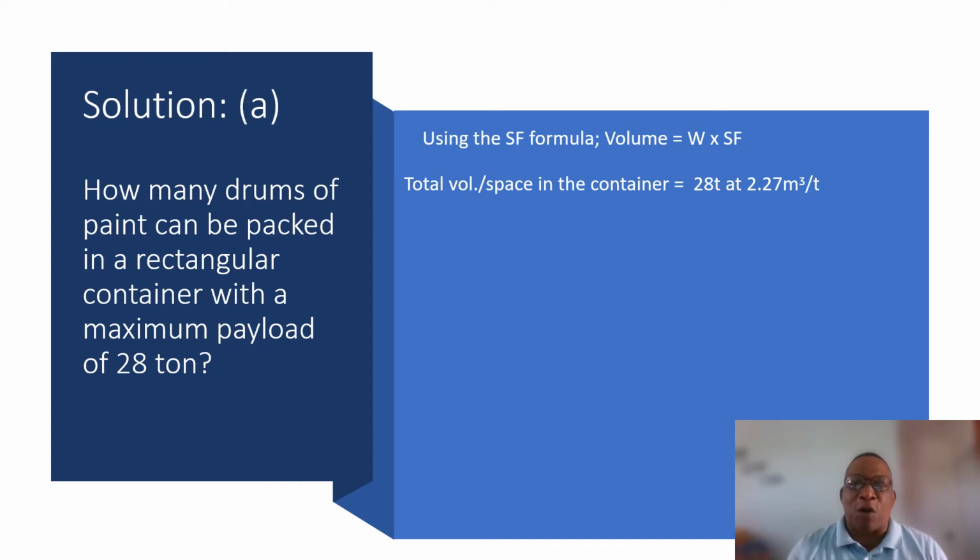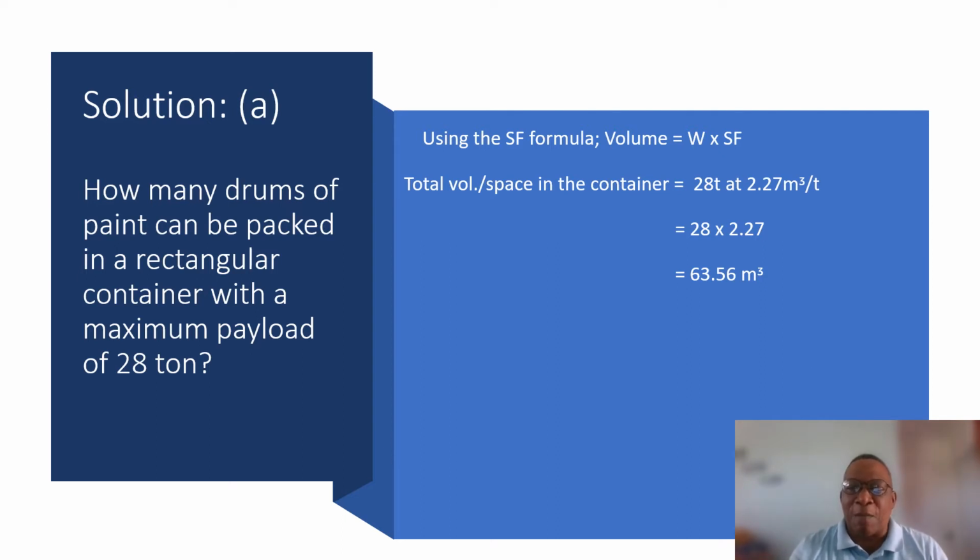Now the total volume of space in the container is equal to 28 tons at 2.27 cubic meters per ton. That is equal to 28 times 2.27, and that gives us 63.56. So now we know the actual space that is in the container.